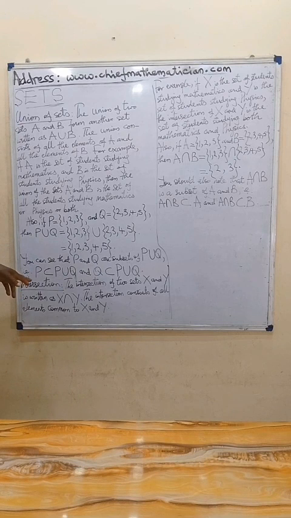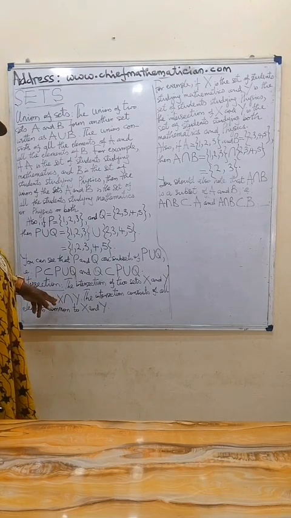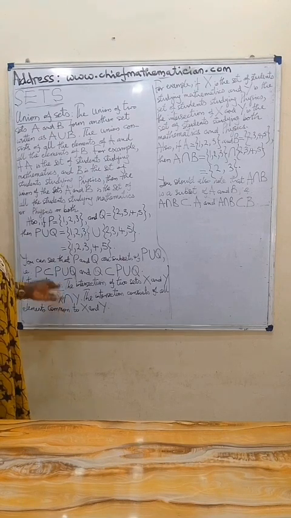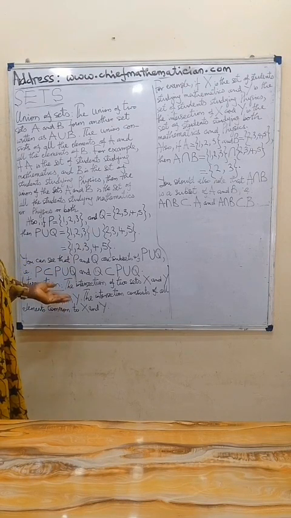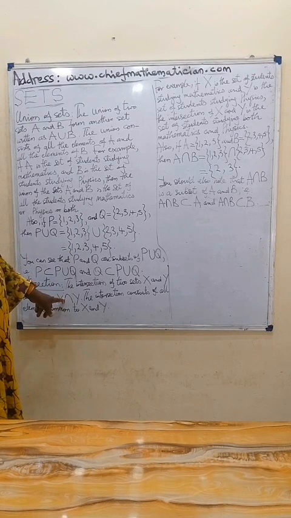Intersection. The intersection of two sets X and Y is written as X intersection Y. This time around, the symbol of intersection is the one for union turned upside down. It's like a cup turned upside down. That is the symbol for intersection.